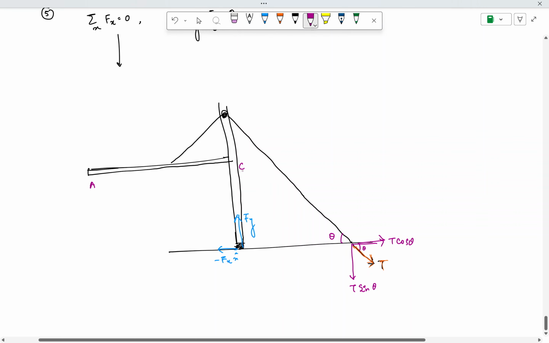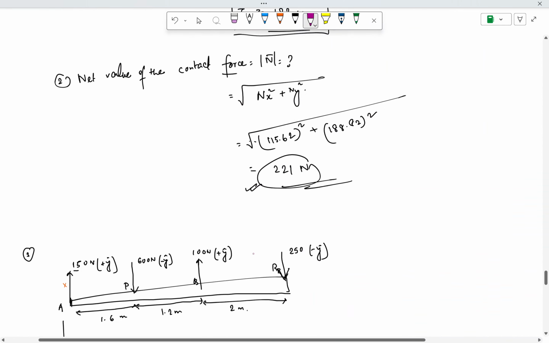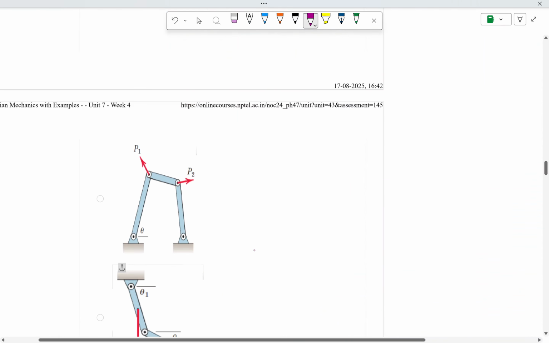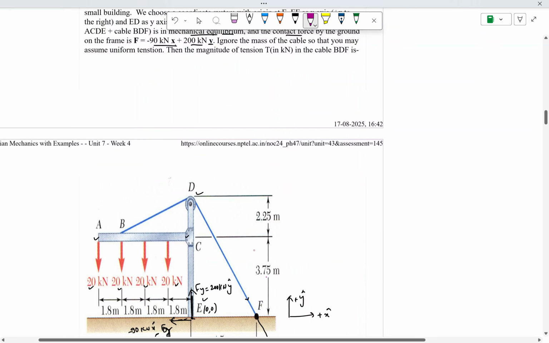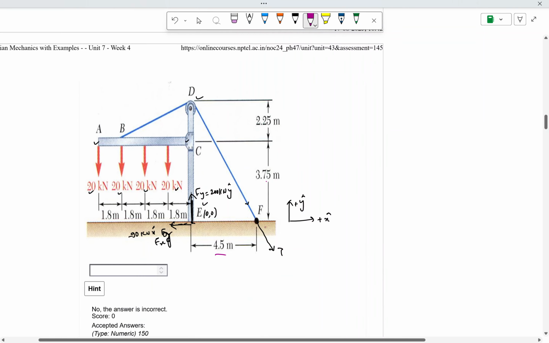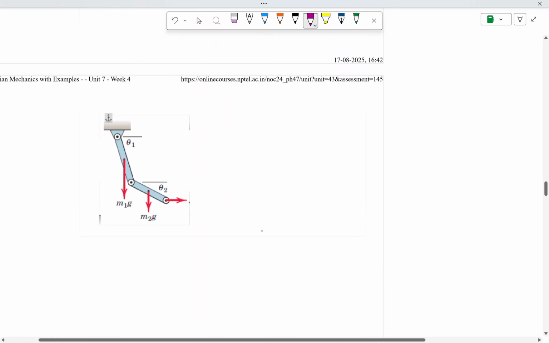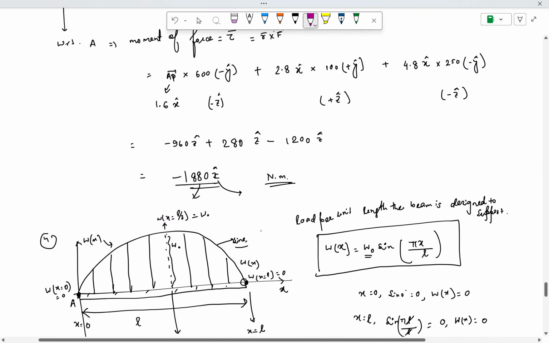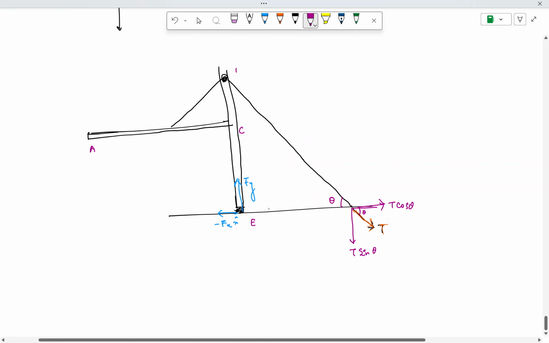This is A, I think this was ACBE. This was ACBE, and then this is BDF. So this F is a point here, right?